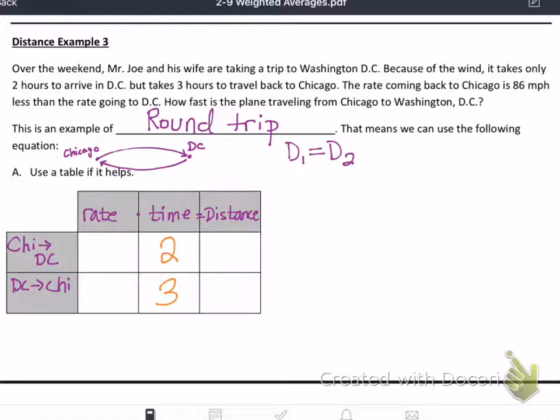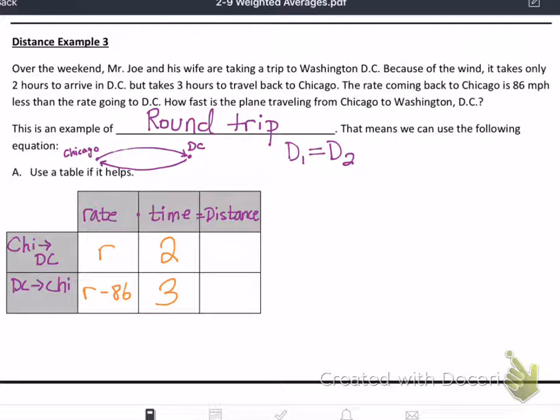Now the rate coming back to Chicago is 86 miles per hour less than the rate going to DC. So if the rate from Chicago to DC is represented by R, then DC to Chicago is R minus 86, since it's 86 miles per hour less than.